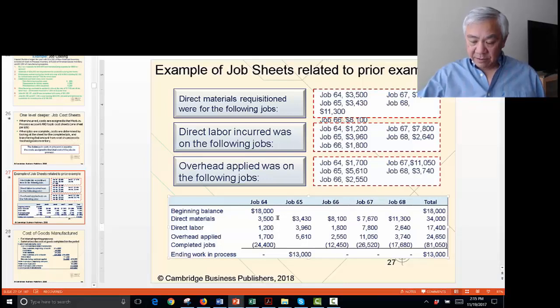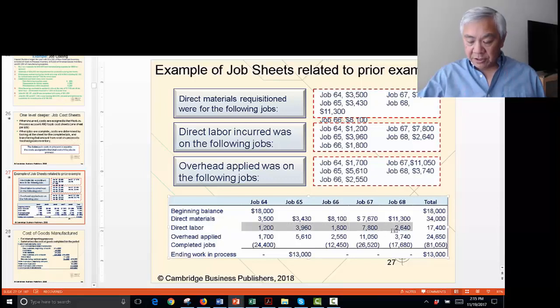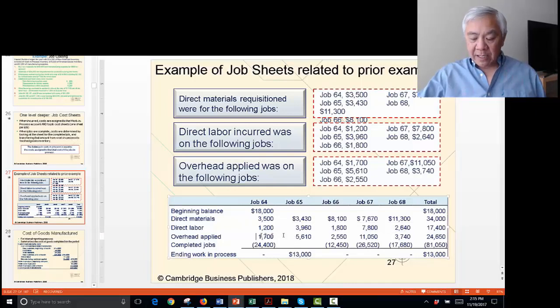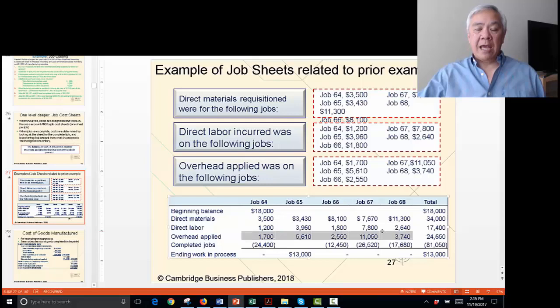And we applied the materials right here of this 34,000 into the 5 jobs. Next, we had labor. Labor worked on all those jobs, and we applied what did they charge by job. So those are charged in this kind of analogy of a sheet. And we applied overhead using POHR, and we applied those to jobs based on their use of the cost driver.